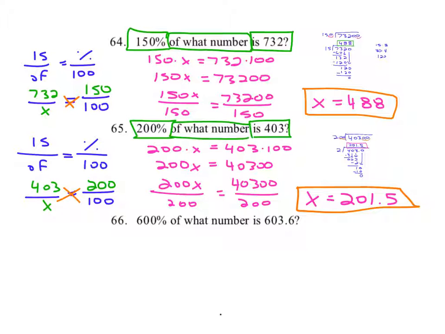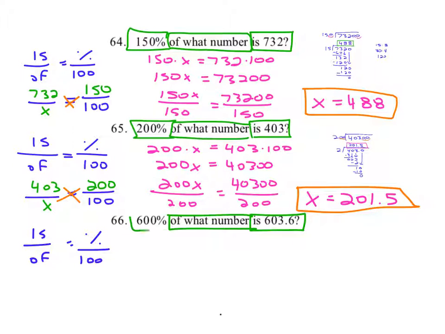And finally, we're going to do it one more time by setting it up and saying is over of equals percent over 100, which if we fill it out, we say is 603.6 of what? So we're finding, and 600%. So let's just set it up right.